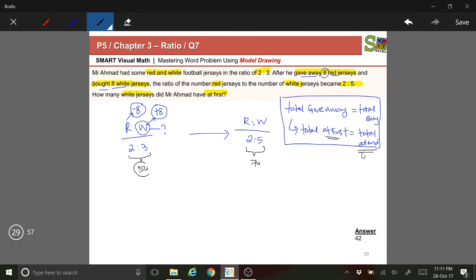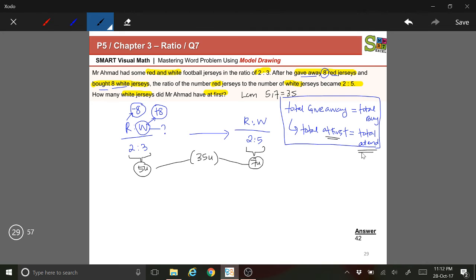How are we gonna make this 5 units and 7 units equal, the same? So we must change it to become 35 units, because the LCM of 5 and 7 will give you 35.